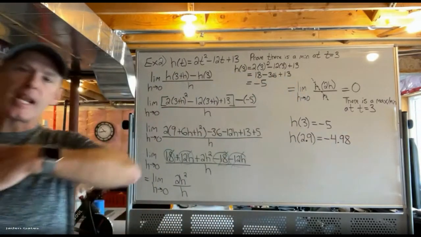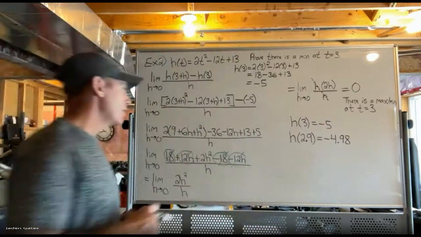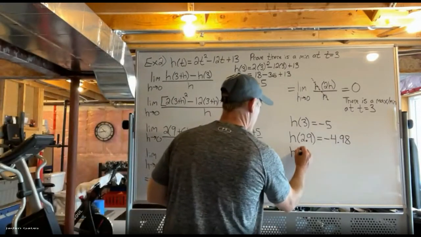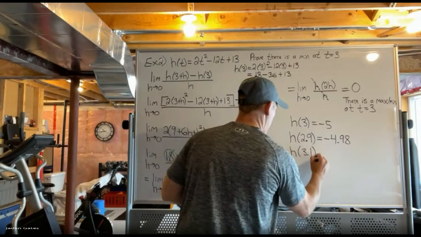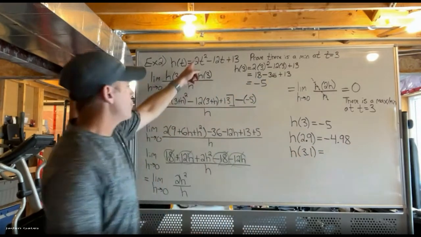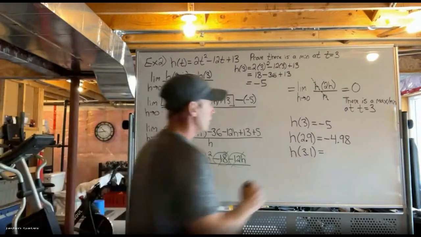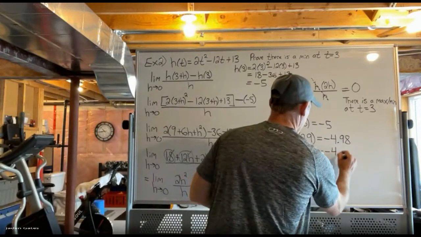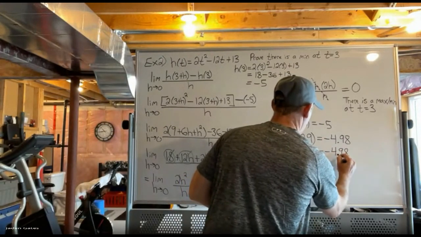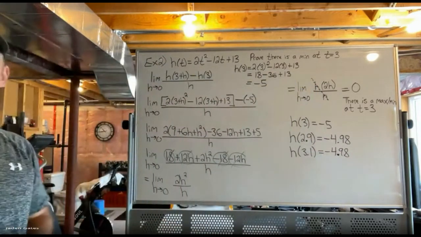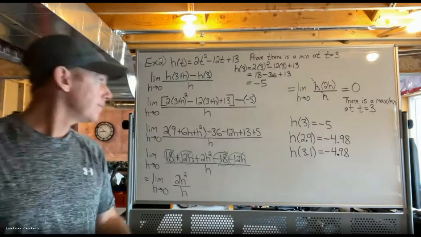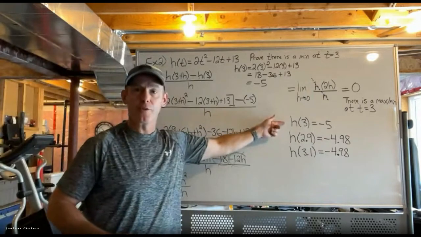And then I did the same amount after 3. So I looked at h of 3.1. So I plugged h of 3.1 into my equation. And guess what? I got the same thing here. I got negative 4.98. So which one's the more negative number? H of 3.